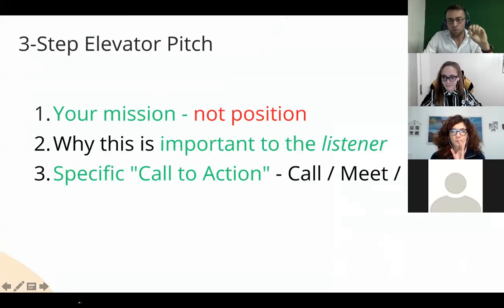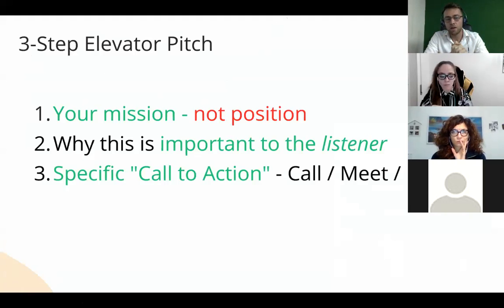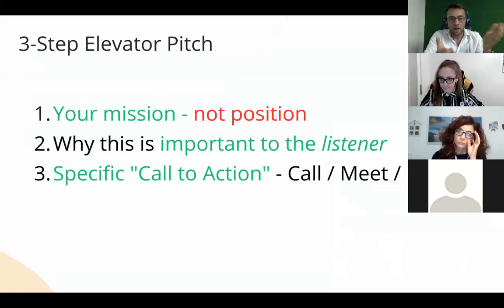Okay, so we break the elevator pitch down into 3 stages. Now on the internet, you will find different variations, you'll find other suggestions, but this is what I found has worked best with foreign students, okay, international students. The first step is to state your mission, not your position. Most people will say, for example, I'm Stephen, I'm an English teacher.